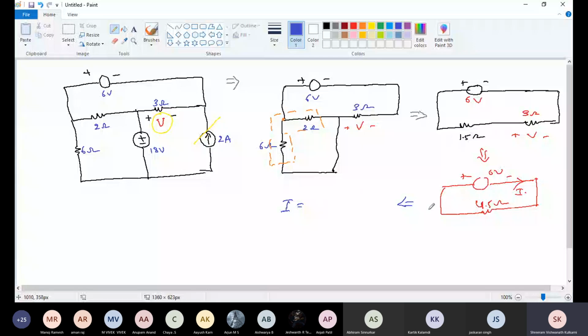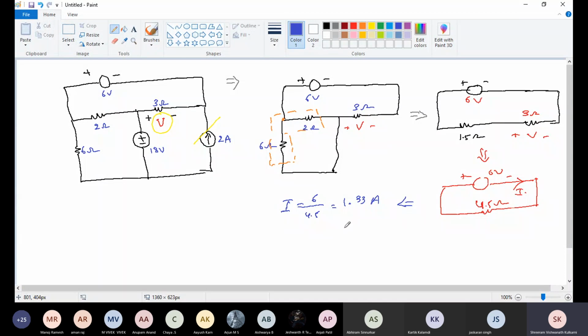I equals V by R, which is 1.33 ampere. The current flowing in this circuit due to this 6 volt is 1.33 ampere.